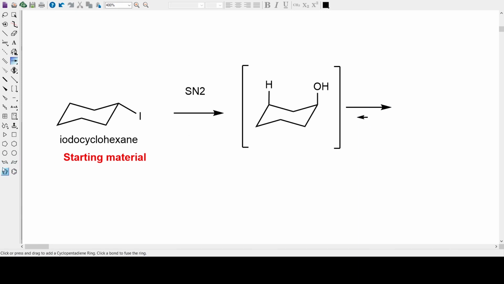Then the most stable one is, you take the opposite one, you invert beta rotation, and remember everything should be equatorial. OH en position équatoriale, equator E. When you have a big one, this one has to be in equatorial, that's why this is axial.